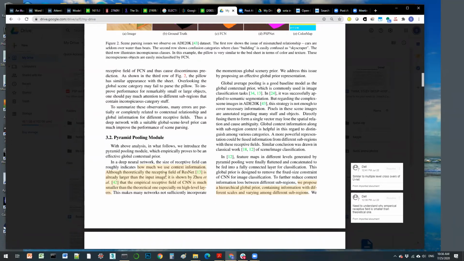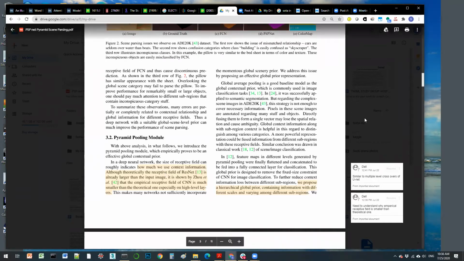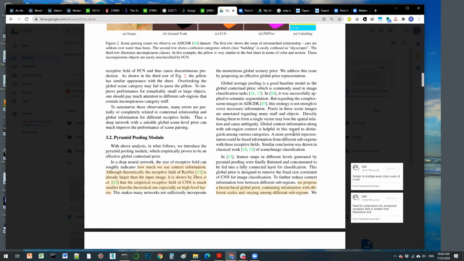I didn't quite get why the empirical receptive field is less, even though the theoretical receptive field is bigger. So I just made a comment to myself saying, need to dig into that if I care and if it's important, but I don't know that it is greatly important to the rest of the paper.